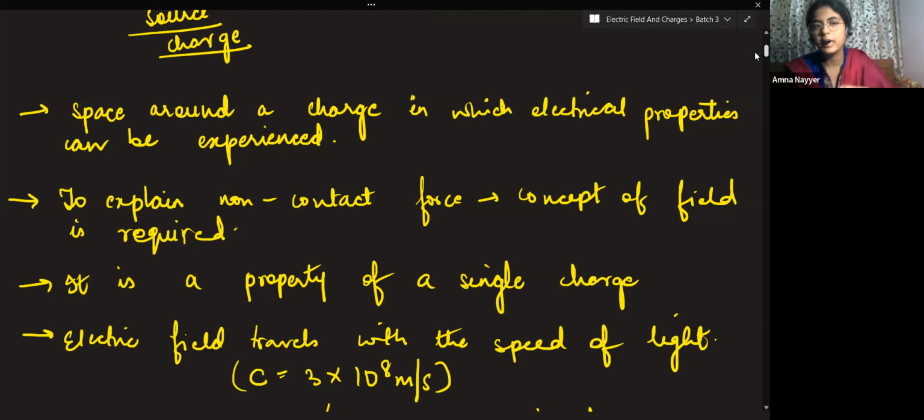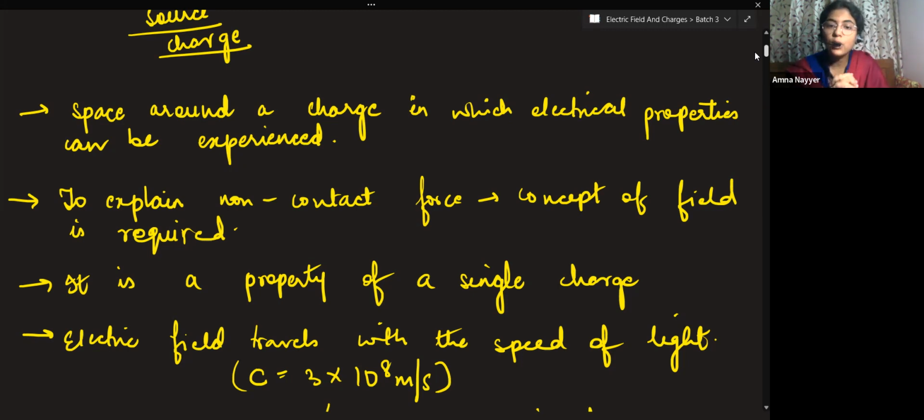Regarding electric field, even if you have an isolated charge, that charge will have a certain space around itself, a certain electric field around itself. It means this property of electric field is of a single charge, whereas in case of Coulomb's law, you had to consider at least two charges to exert force on each other.